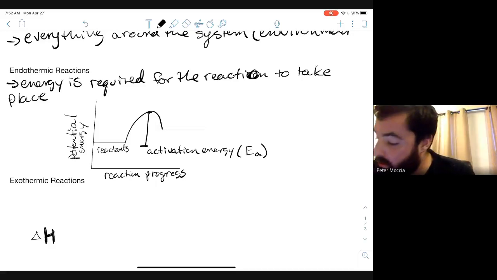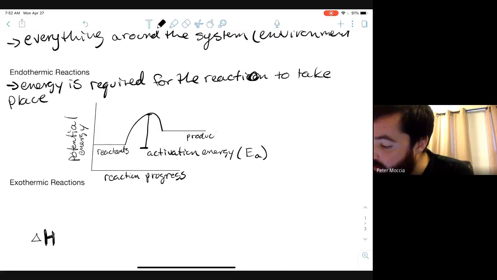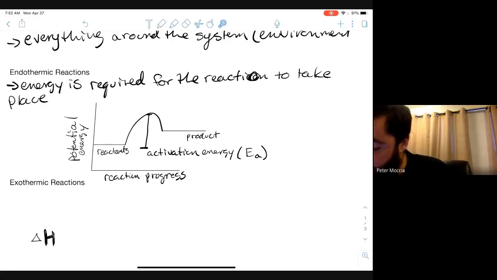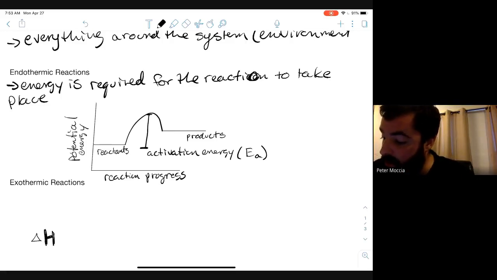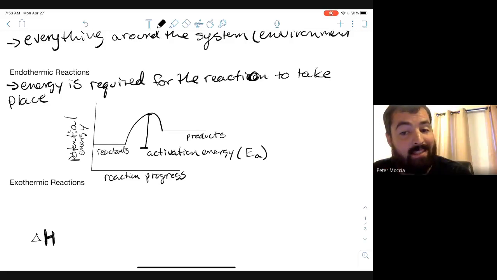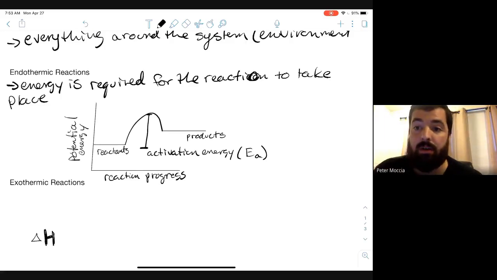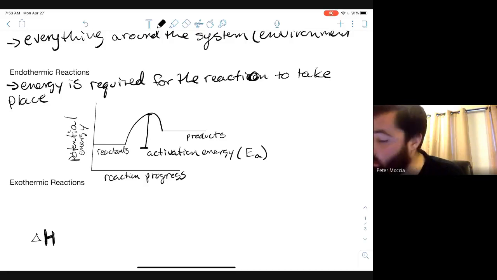But then for an endothermic reaction, you have the products, and what these lines are is the total potential energy stored in the bonds of the reactants and the total potential energy stored in the bonds of the products. So you can see energy was required to go from the reactants to the products. In this case, this is an endothermic reaction because energy was put into the reaction.